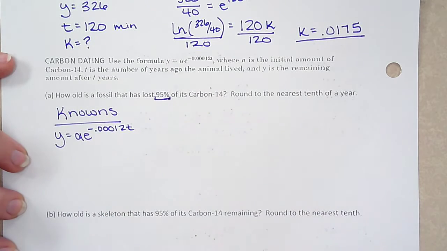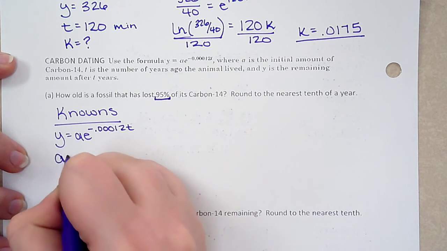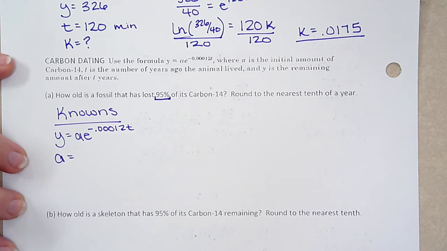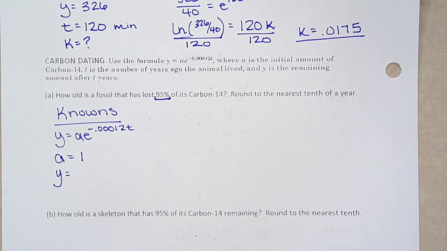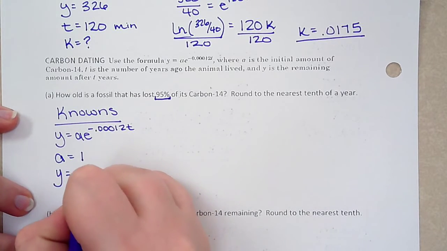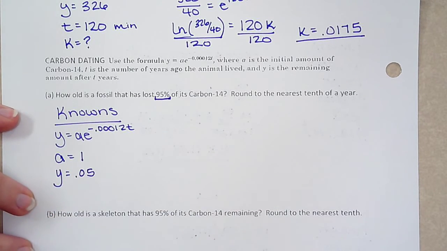Now that doesn't give us any numbers, it gives us a percentage. But from that, we know we started out with 100%. 100% as a decimal is just 1. It then makes sense that our final amount that we ended up with was 100% minus 95%, which as a decimal is 0.05.